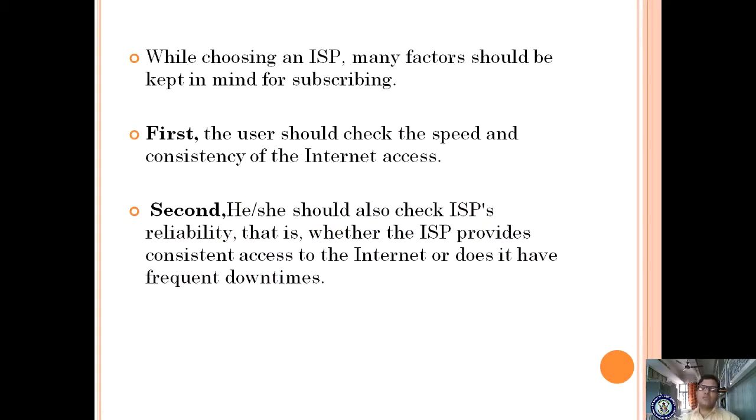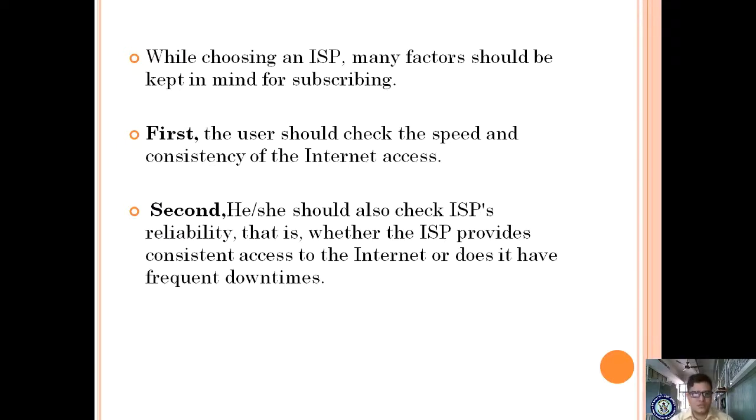While choosing an ISP, many factors should be kept in mind for subscribing. Whenever you are choosing an internet service provider, we have to keep many things in mind. Let us see what those are. First, the user should check the speed and consistency of the internet access. Nowadays we are recharging some 559 or 599 plan, right? 599 is for 84 days, 1.5 GB per day.